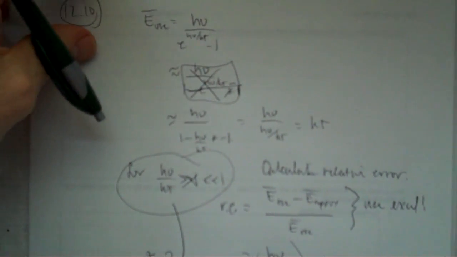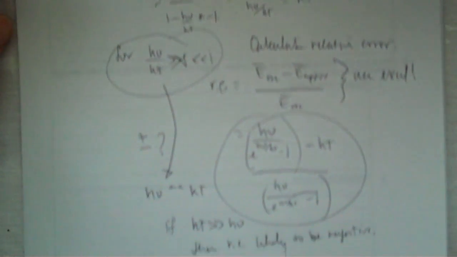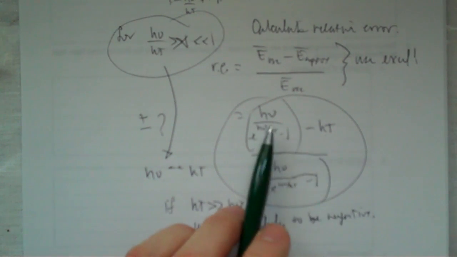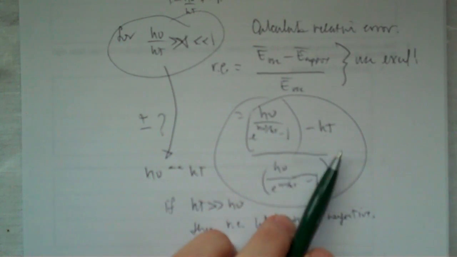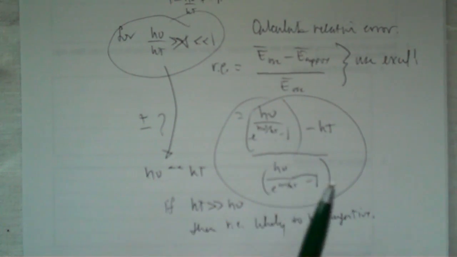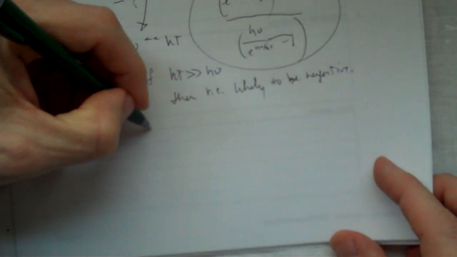Okay. Well, this makes some sense. Here's the relative error right here, and you can see that as this number gets smaller, this difference is going to get less, right? So as the temperature decreases, I'm expecting the relative error to decrease.